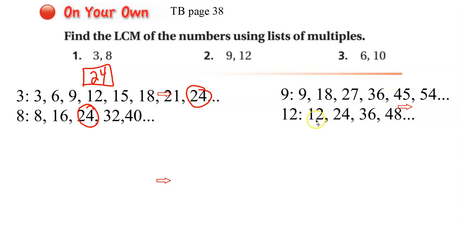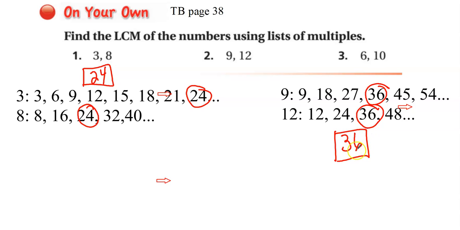So I'm looking, I see the 12, 24, 36, 48. That's kind of strange. I don't have enough numbers here. Wait a minute. Oh, gosh, I almost missed that one. I was going to start adding more multiples because I didn't think I had a common multiple. Well, it's a good thing I took a second look. So there we go. I see a 36 and a 36. So the least common multiple, the smallest common multiple, is 36.